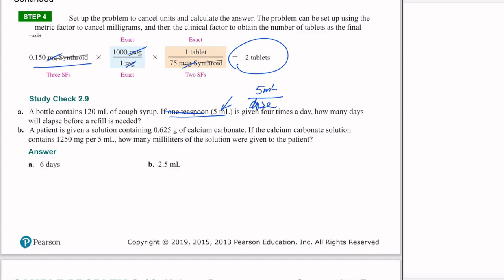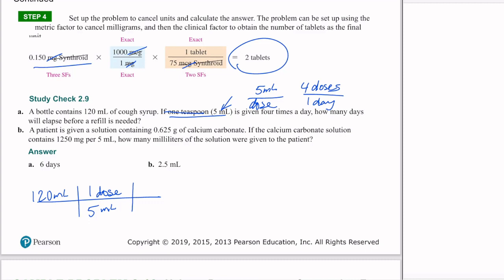And 1 dose is given 4 times a day. So we're given 4 doses per 1 day. Okay, so we're starting with 120 milliliters of cough syrup. We need 5 milliliters per 1 dose. We weren't asked to convert that into teaspoons, and we didn't start with teaspoons, so we can ignore the teaspoons.